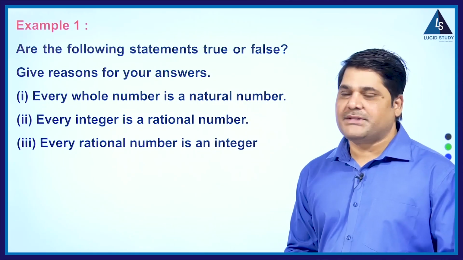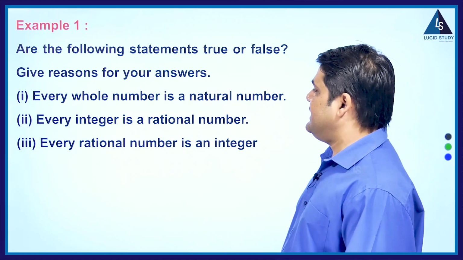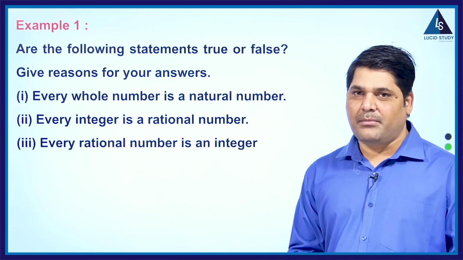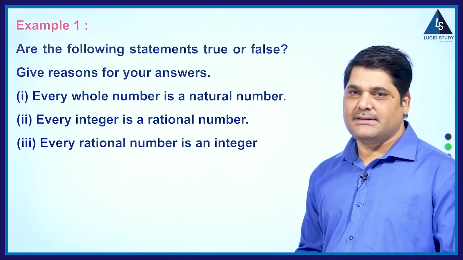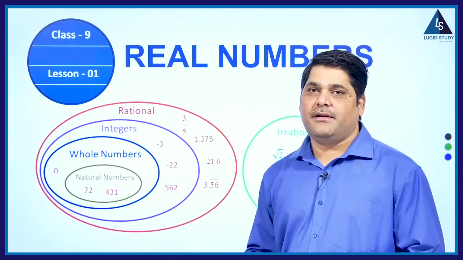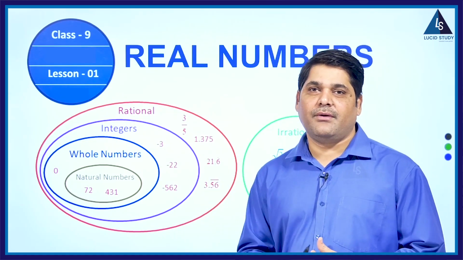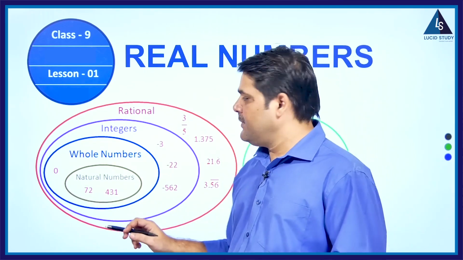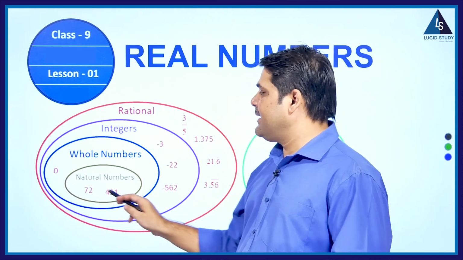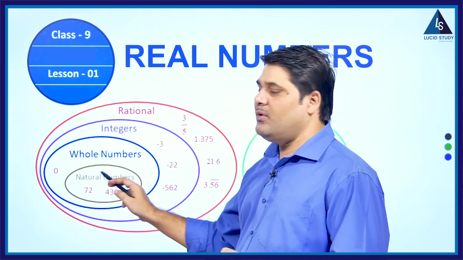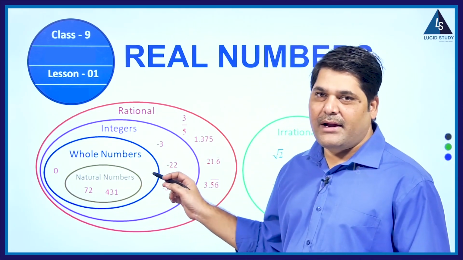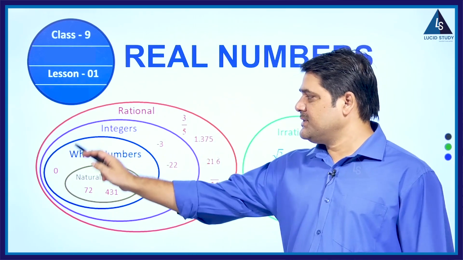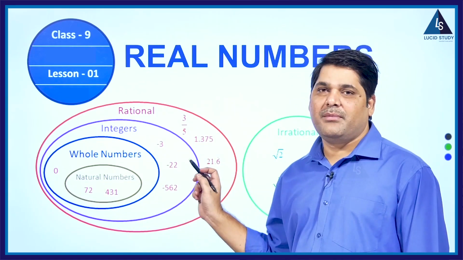Second question: every integer is a rational number. Is it true, children? Yes, it's true. As I introduced in our chapter, natural numbers are the smallest set and whole numbers have 0 added. Integers means all whole numbers and negative numbers are added. Then rational numbers means all integers along with the p by q format.